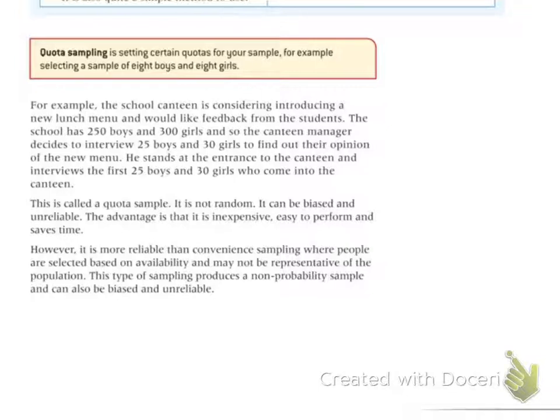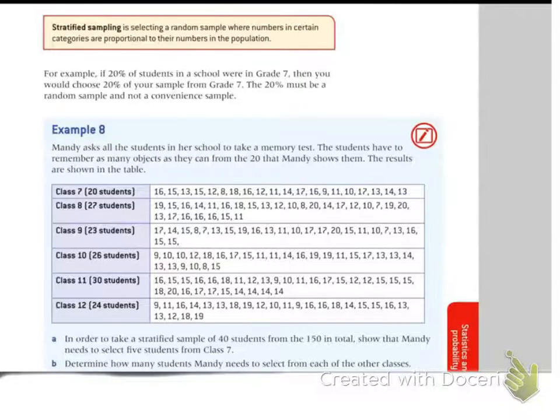So that could be something to look into, and it says that it could be inexpensive this way, easy to perform, saves a lot of time, but it is more reliable than convenient sampling where people are selected based on availability and may not be representative of the population. So everything's got its ups and downs. So be very careful on that.